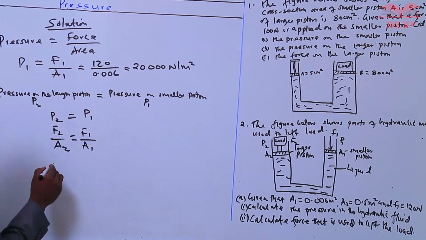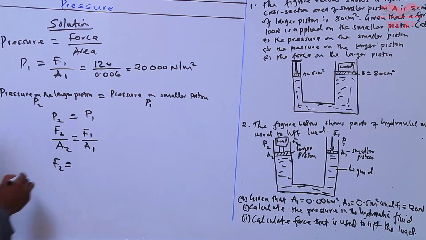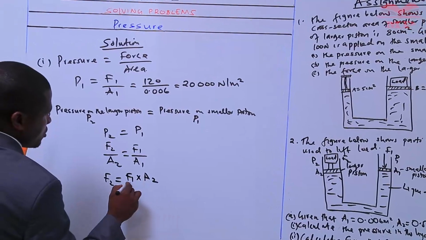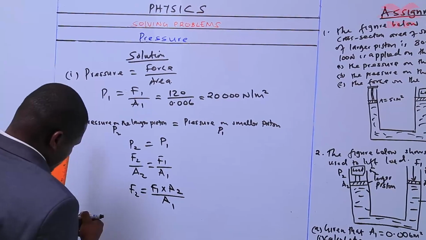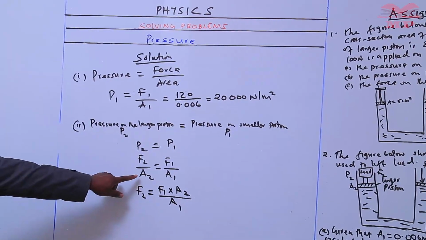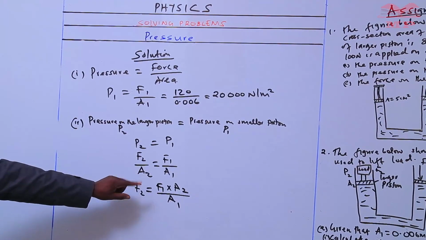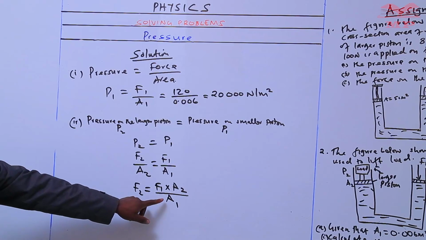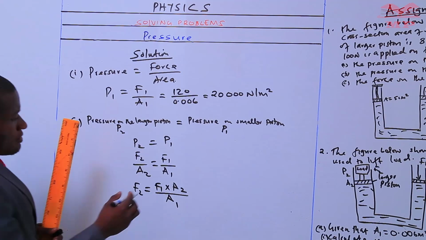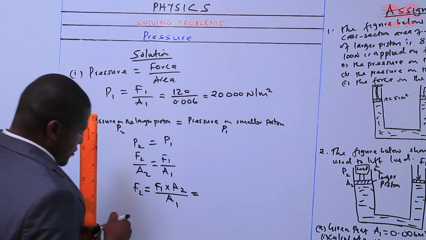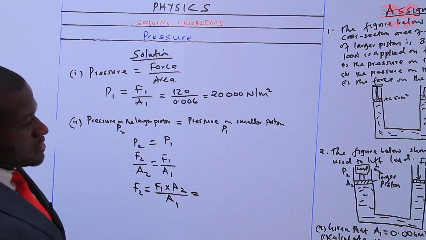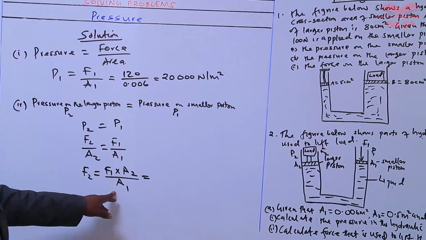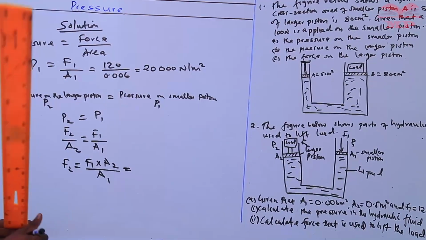Meaning, F2 is given by F1 times A2 over A1. I multiply both sides by A2. So my F2 is A2 times F1 then divided by A1. Remember all these variables we have been given. We have our F1 here, our A2 here, then our A1 here. So we substitute in.